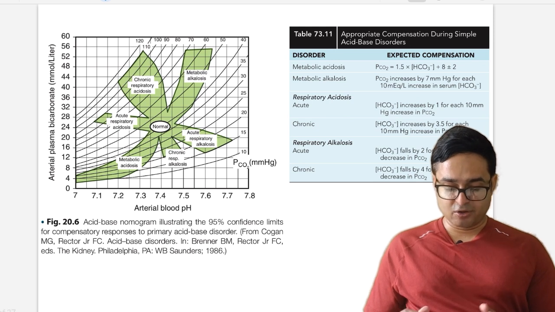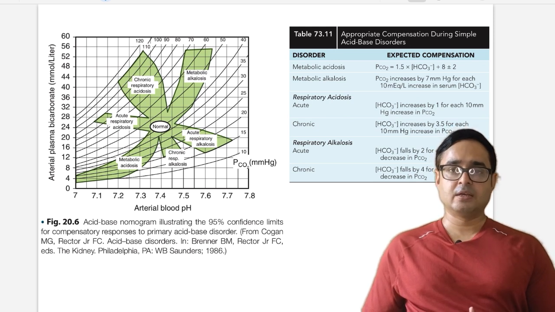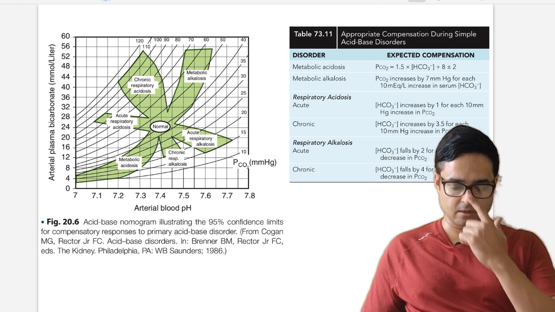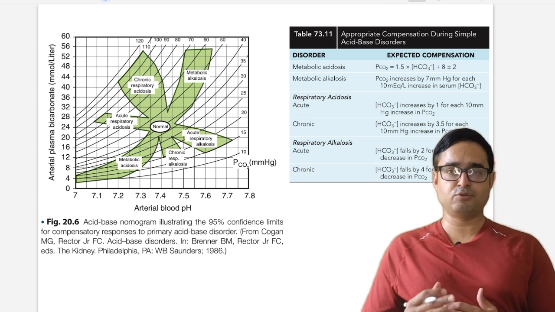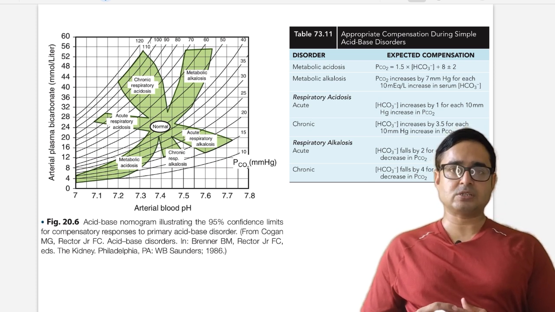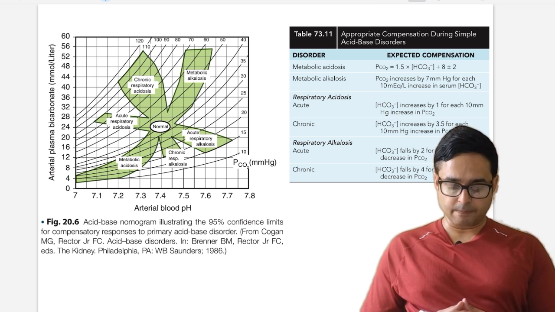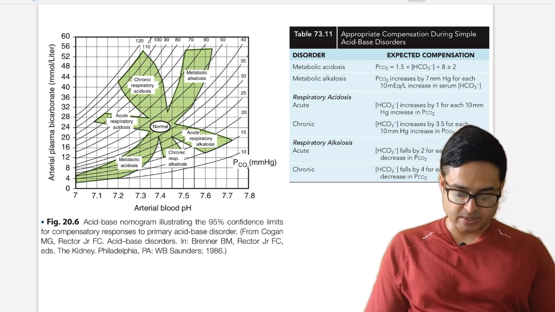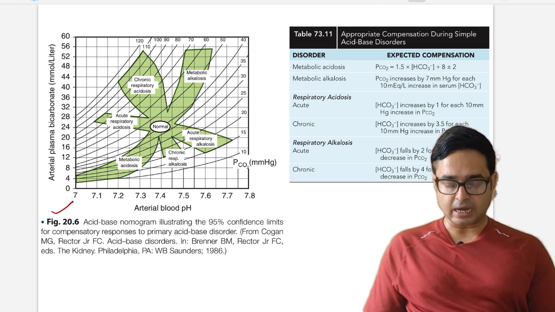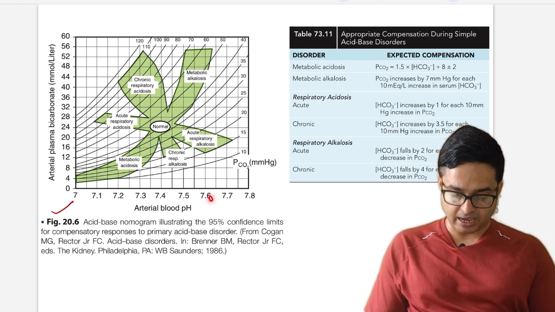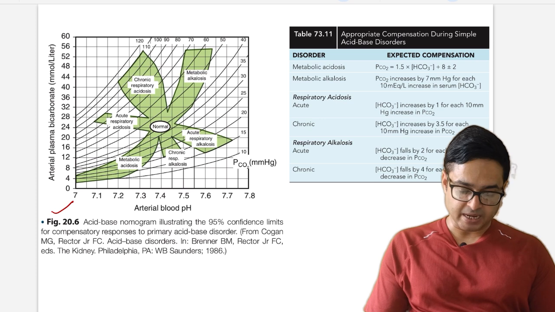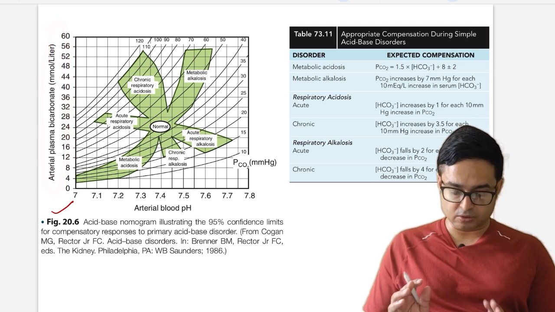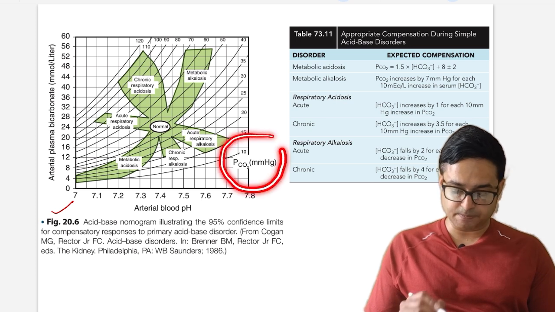Okay, now going to acid-base disorders. See, acid-base disorders are out of the scope of this neonatology revision. We'll discuss them separately in emergency or pediatric emergency videos. But as of now, just remember this diagram. This diagram is simple. Arterial pH is given on the x-axis and arterial plasma bicarbonate concentration on the y-axis, along with PCO2.